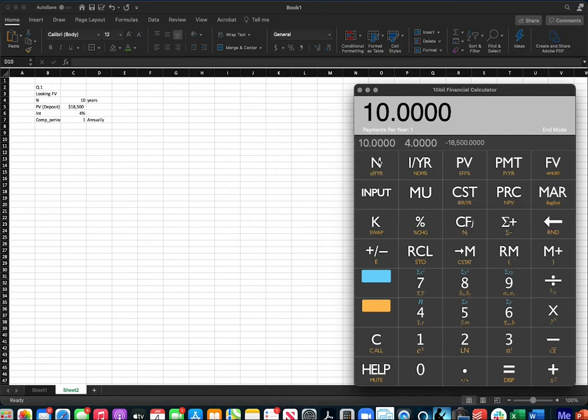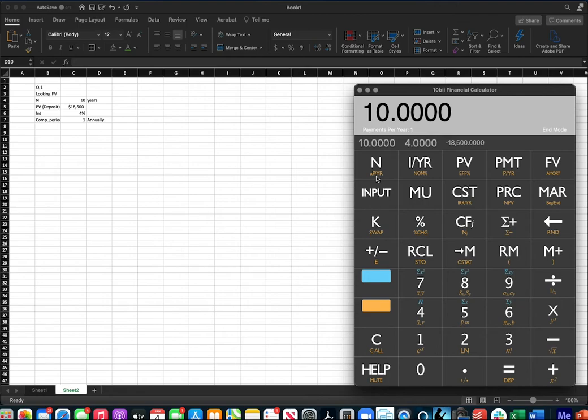Now this doesn't make much of a difference for us because we're using 1 period per year. Once you get into monthly payments or quarterly or daily, whatever is not annual, you want to use this XPYR function. If you don't, it'll mess up your calculation severely.